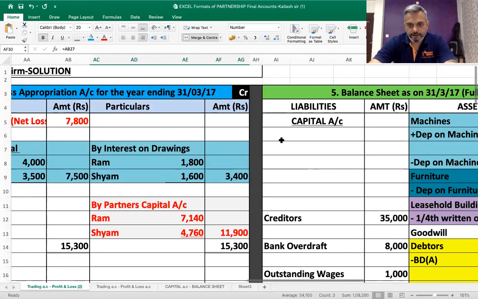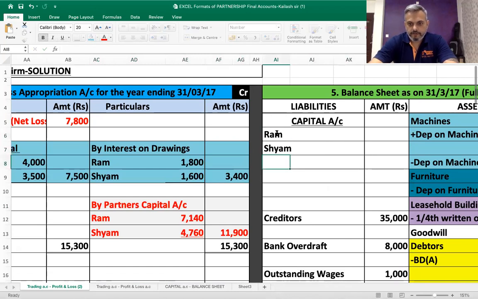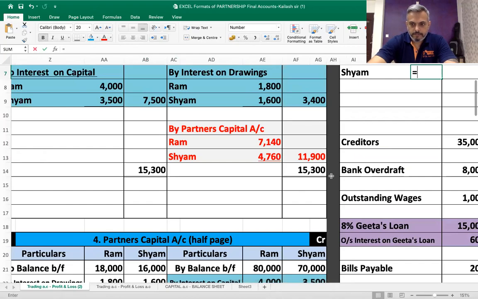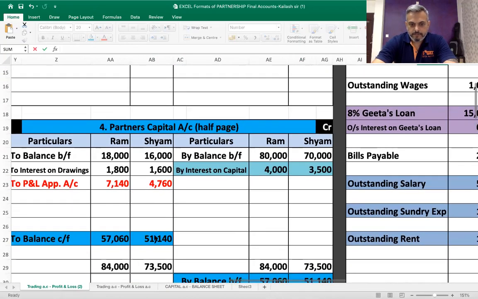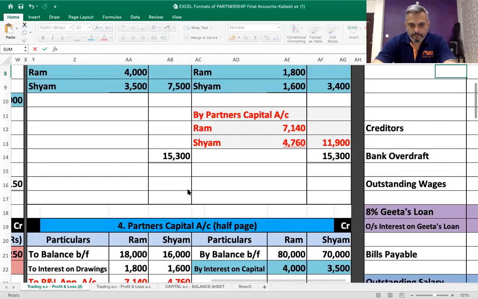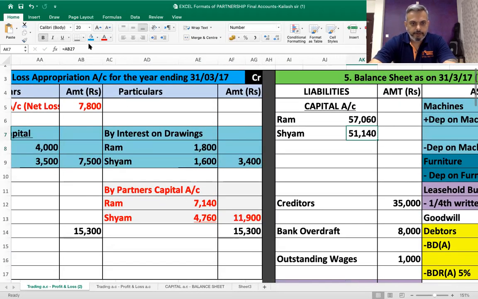Transfer this to balance sheet, capital account, Ram, Shyam. अंडरलाइन करके टोटल कर लो. 108,200.